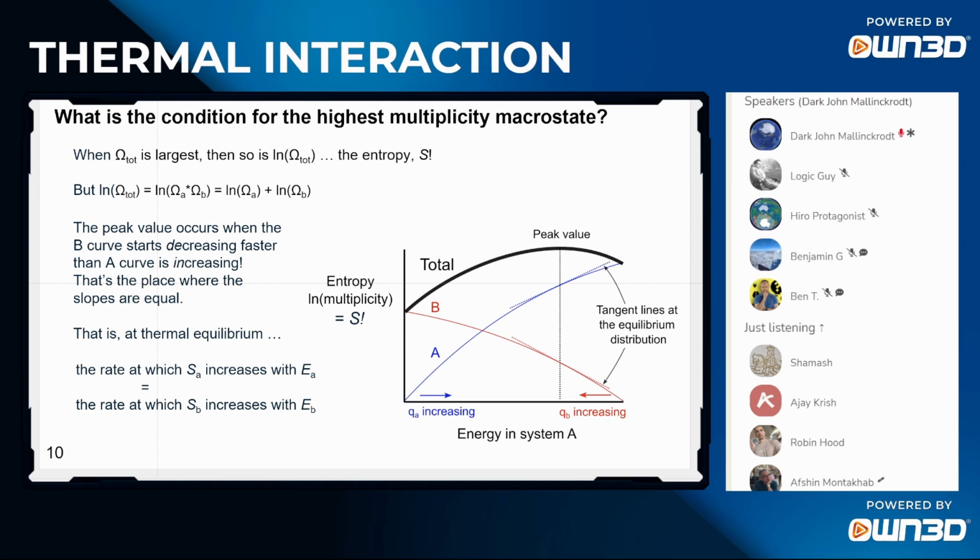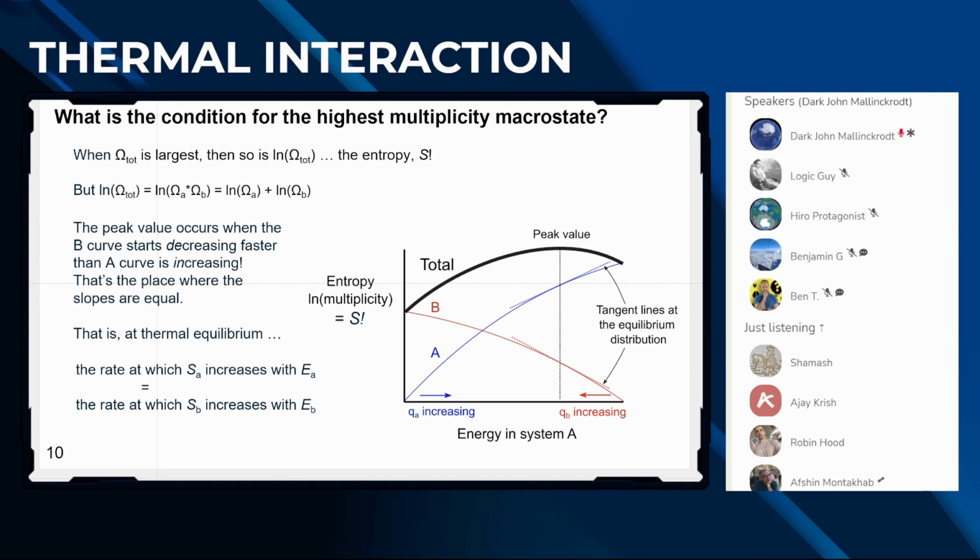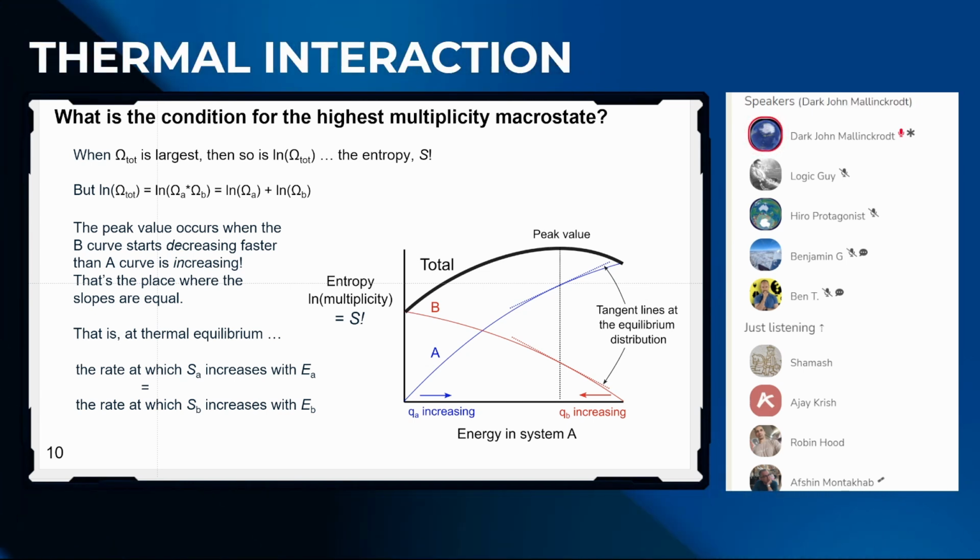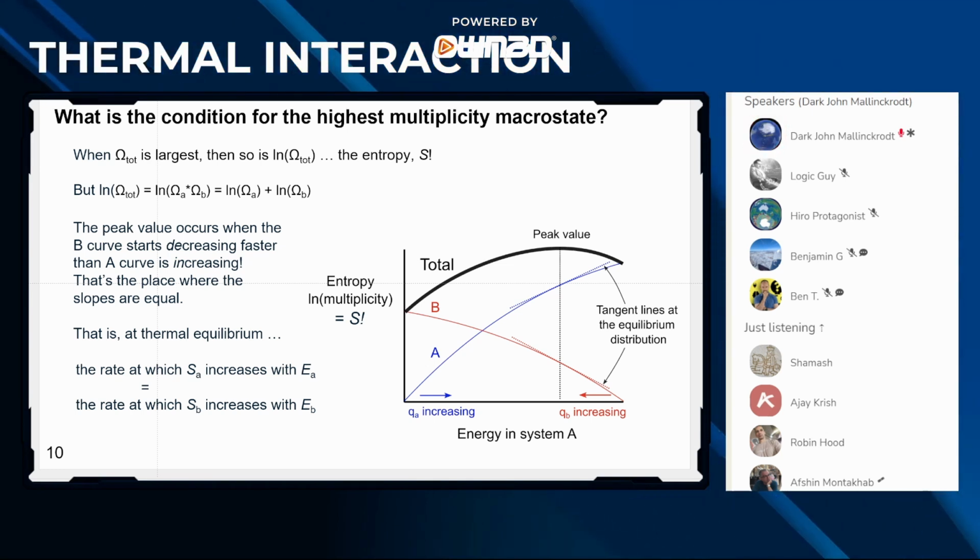You see it increasing, but remember, it increases rapidly at first and then less rapidly. In other words, it curves downward. So that blue line is the entropy of system A. The red line is the entropy of system B. And you may say, well, wait a minute, why does it look like that? It looks like that because for B, the energy is increasing toward the left.